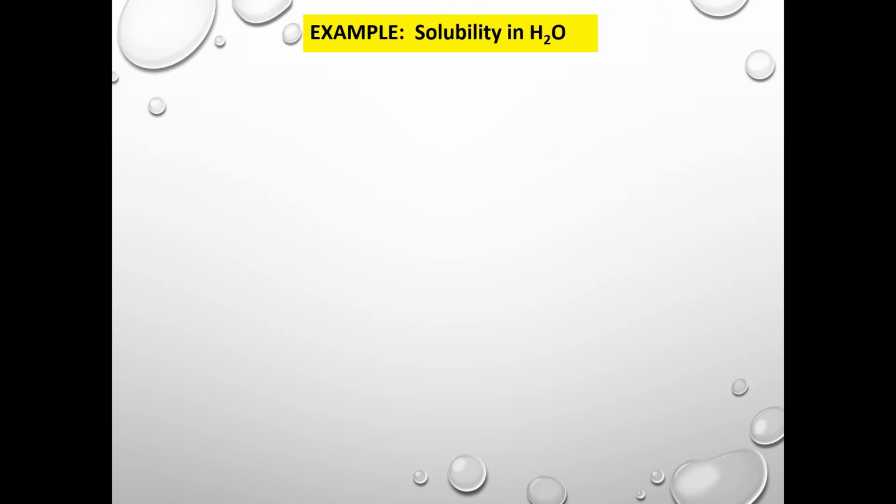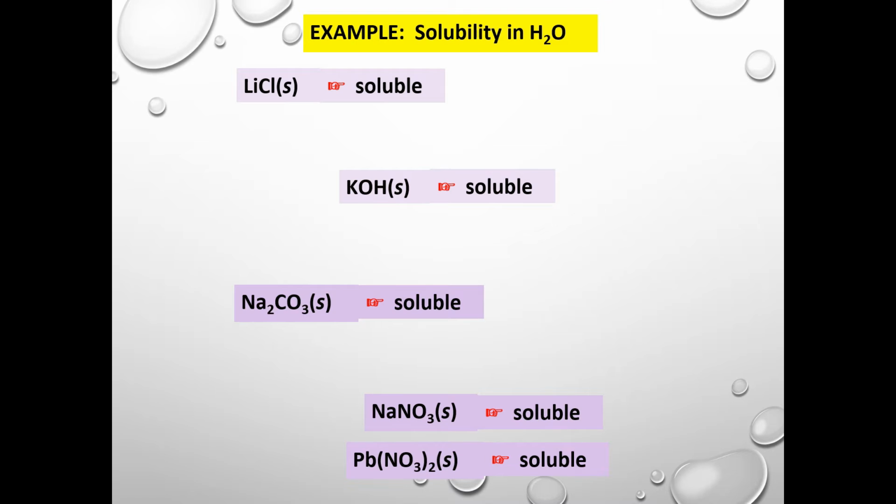With reference to the table of the solubility of some common ionic compounds, we may classify the salts here. The soluble salts, for example, lithium chloride, potassium hydroxide, sodium carbonate, sodium nitrate, and lead nitrate.